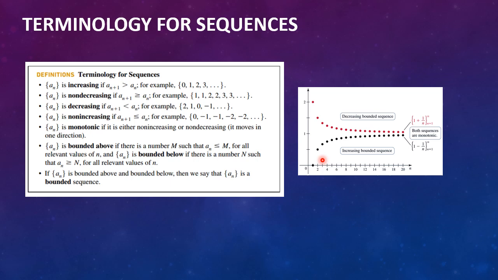If a sub n is bounded above and bounded below, then we say a sub n is a bounded sequence, okay? So we can see in the graph here that both of these are bounded sequences. They have lower and upper limits.